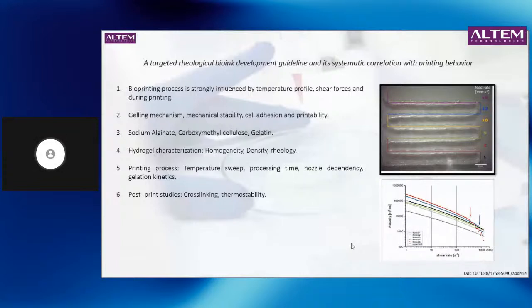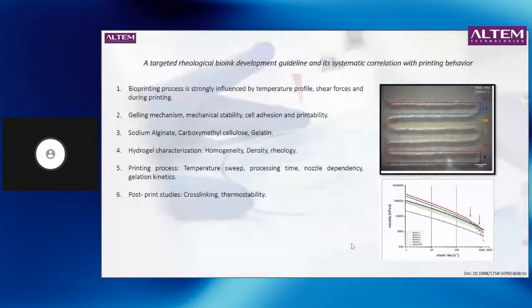This is basically an example of sodium alginate, carboxymethyl cellulose, and gelatin. So these are three different materials put together trying to form a stable structure. And this is also a comparison between printing them individually. You have hydrogel characterizations which are important when it comes to creating the right amount of printing material, checking for homogeneity, density, rheology, and many other studies that come under it.